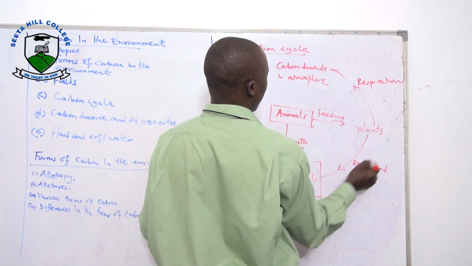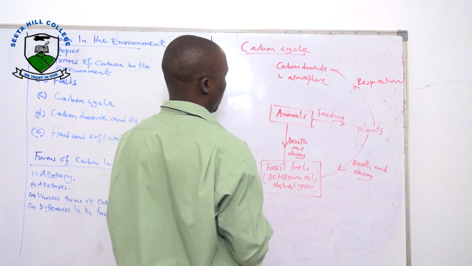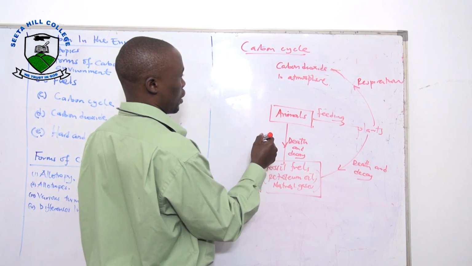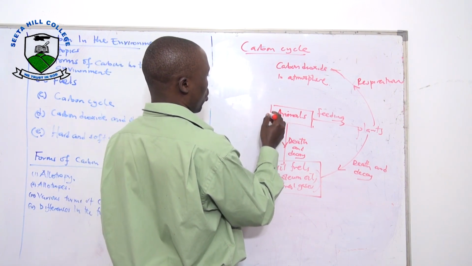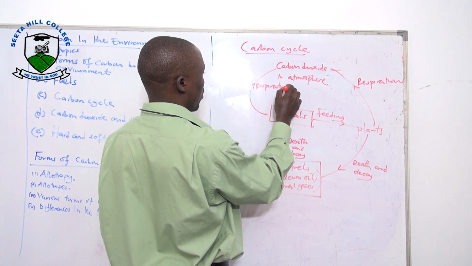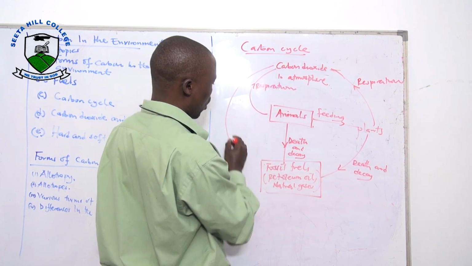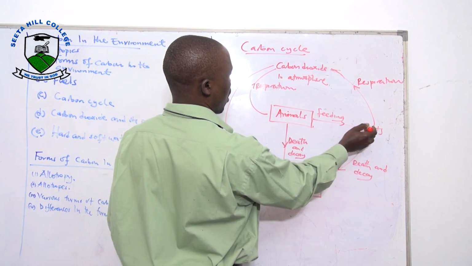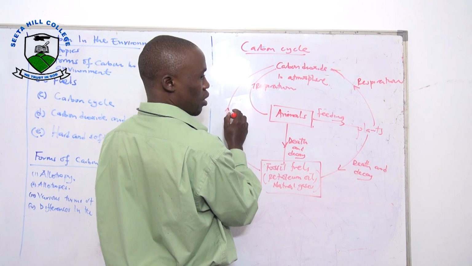They respire. Out of here also, respiration. How could this go here? Even when those fossil fuels are burned, carbon dioxide goes to plants.